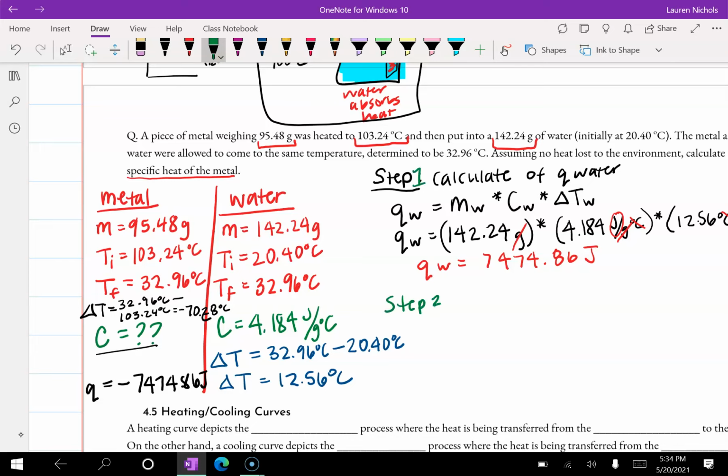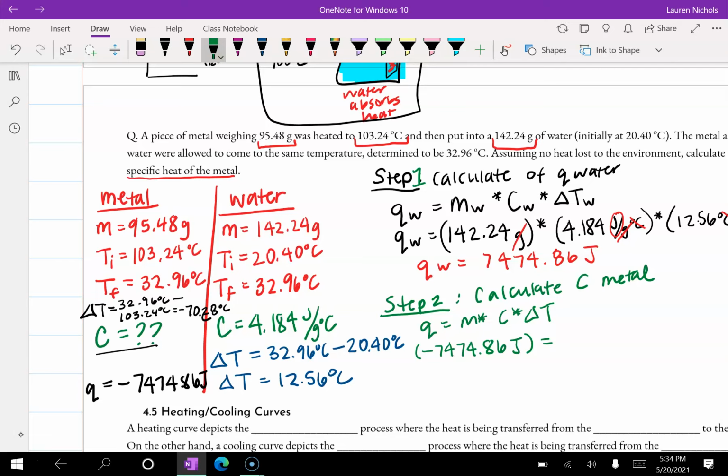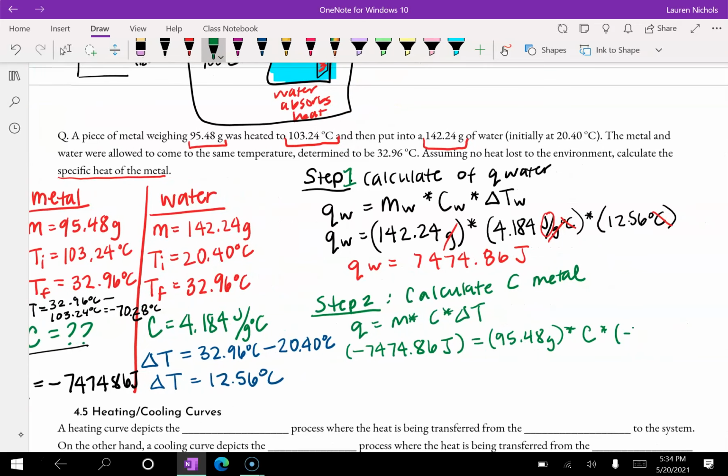So now when we do step number 2, we calculate the C of our metal using Q equals m C delta T. So Q equals M times C times delta T. When we plug this in, we know that we've got a negative 7,474.86 joules is equal to our mass, which is 95.48 grams, times C, which we don't know, times our delta T, which is negative 70.28 degrees Celsius.